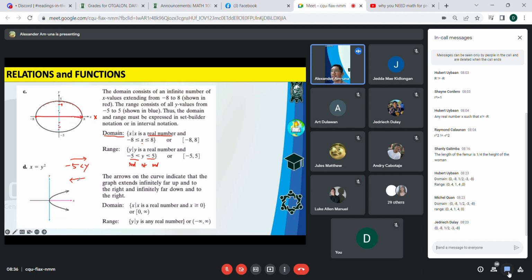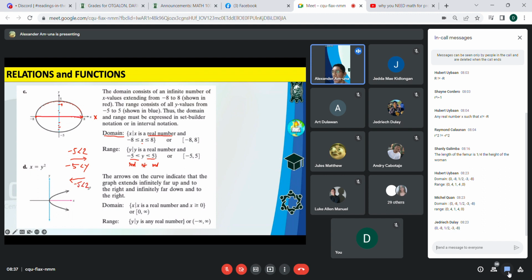Or let me use numbers to illustrate this better. -5 is less than 2. Gamitin natin yan. Okay? -5 is less than 2. What if we read now from the right to the left? -5 and then 2.